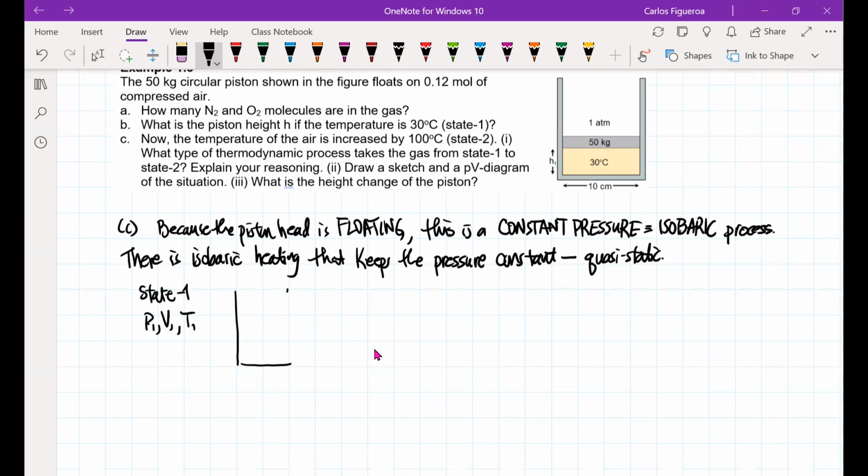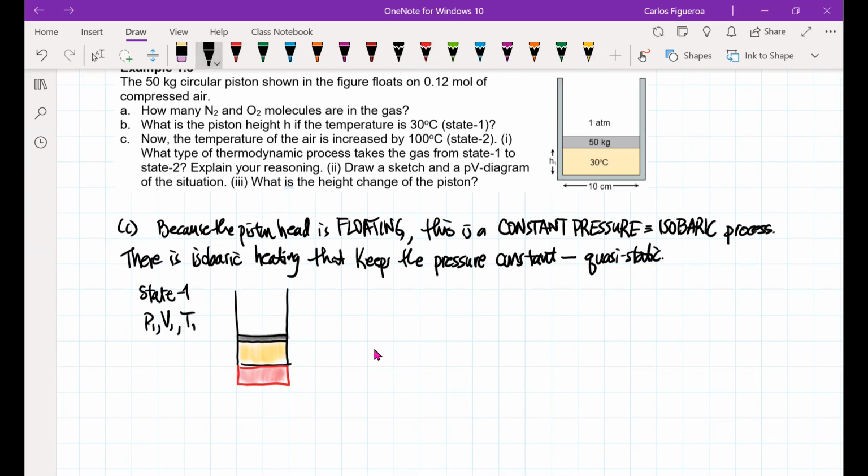So here's my piston, and then here's my gas right here. And what I know here is that the only thing that's going to change is the volume and the temperature.